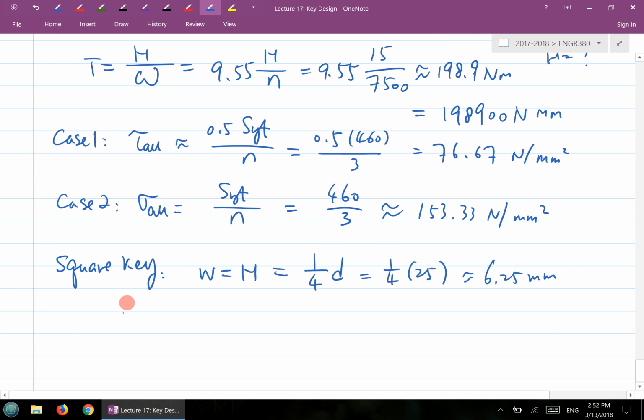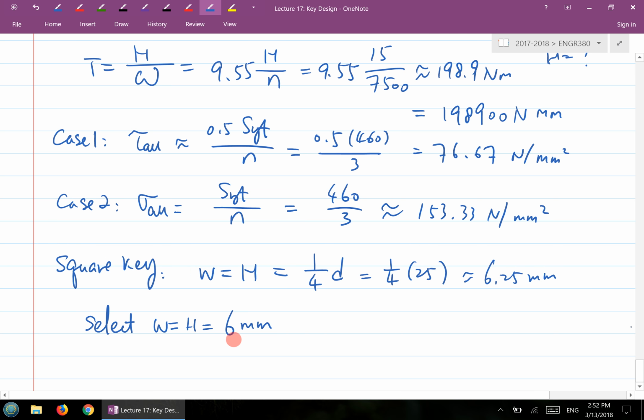So if you look at the metric system, let's select the W and H equal to 6 millimeter, awfully close to 6. You may argue, so why not choose a 7, or a bigger number? Well, picking a smaller number here is fine, and we can compensate for that missing 0.5 by an appropriate shaft length L.